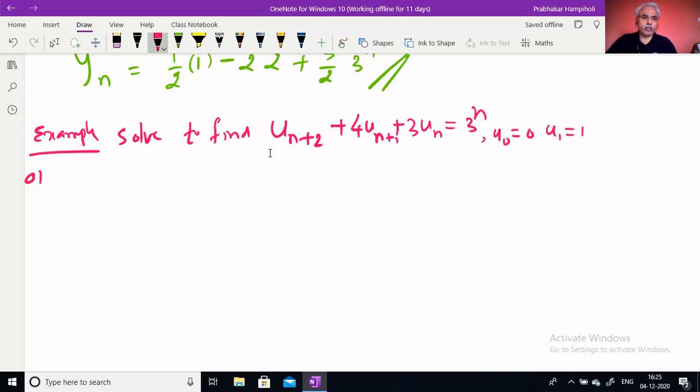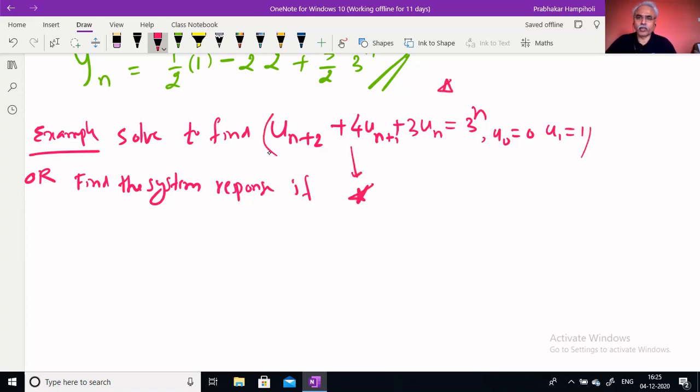The same example can sometimes be written as find the system response. This is our equation star. In both cases we have to find what is un.